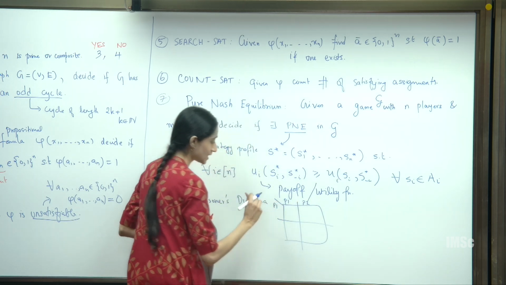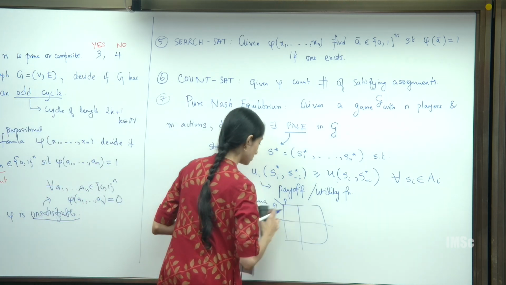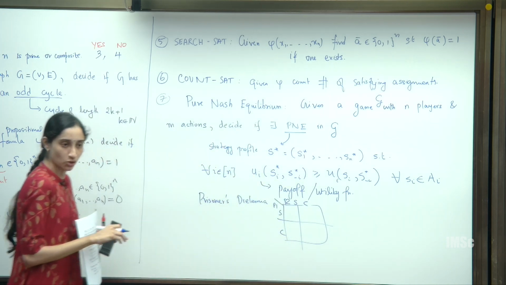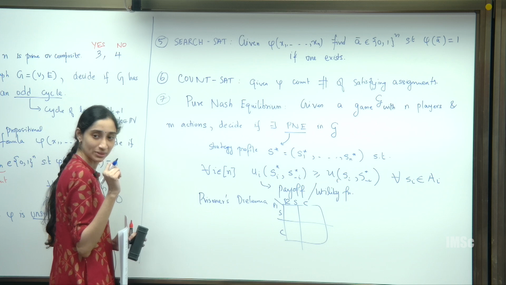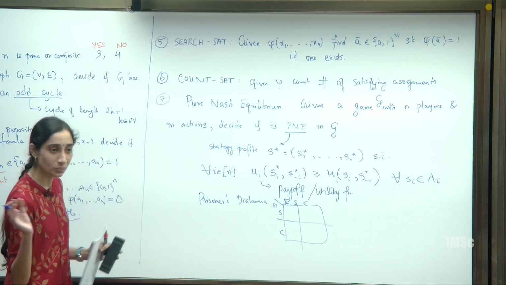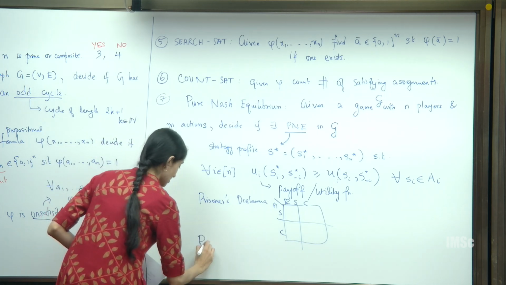One was P1, the other was P2. Silent, confess, possible actions, right? So is there a game where a pure Nash equilibrium does not exist? Sorry, so many interfering answers. Rock, paper, scissors. Yeah, so there are some more games.